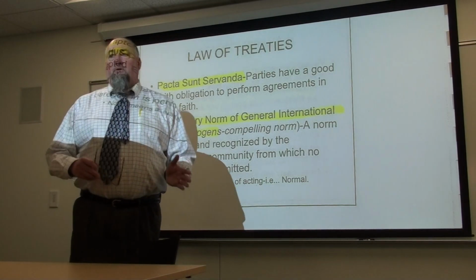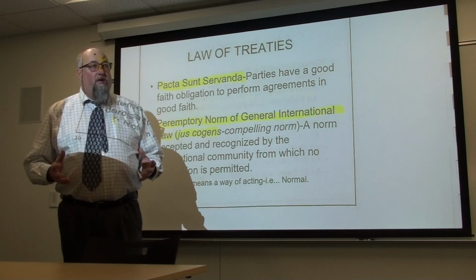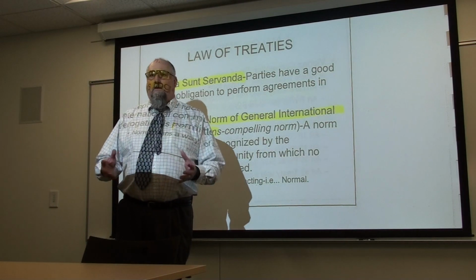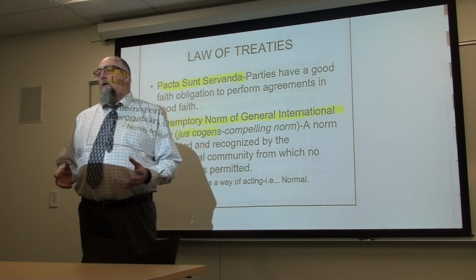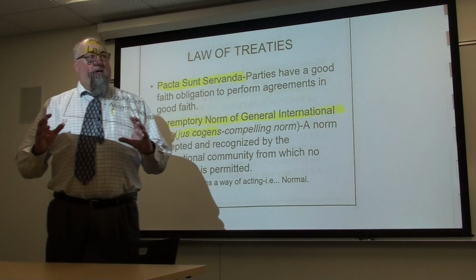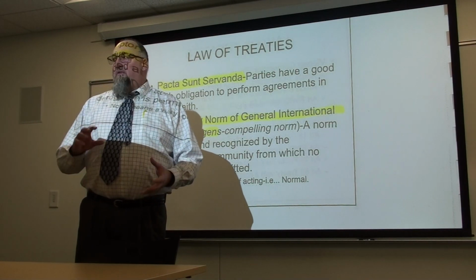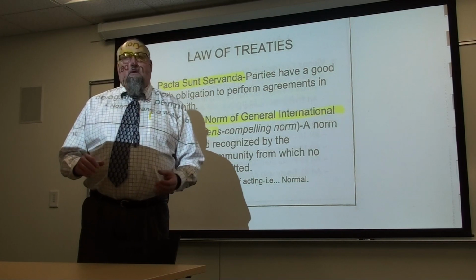So a peremptory norm is a way of behaving that must be followed essentially no matter what. It is absolutely required. There's no deviation from it. It is something that is so important that it will essentially override anything else.